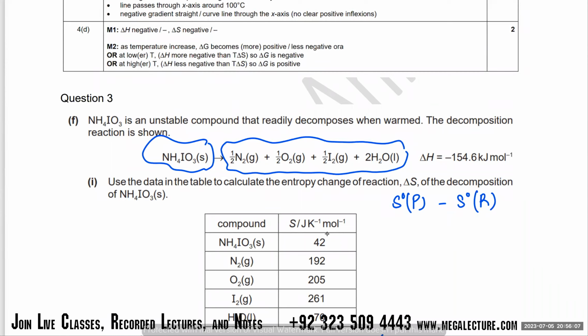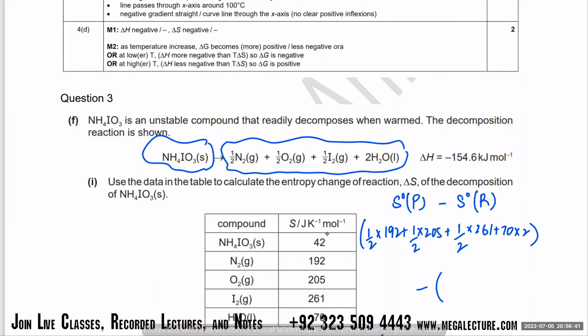It's half N2, so half times 192, plus half O2, so that's half times 205, plus half I2, which is half times 261, plus 2 H2O, so that's 70 times 2.